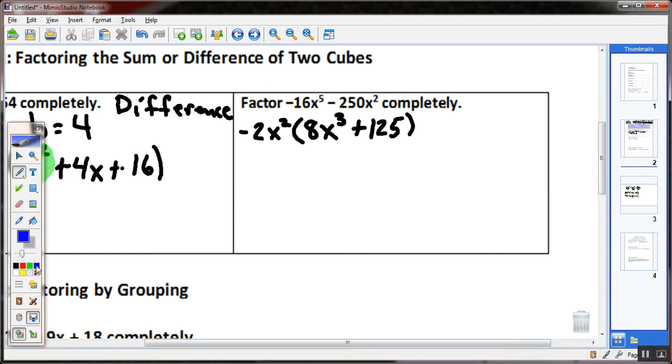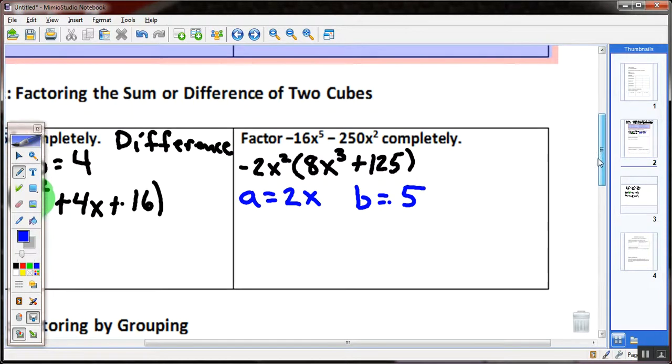What would I let a equal? What's the cube root of 8, kids? 2. And the cube root of x cubed would be just x, so 2x, right? And then what's the b value going to be in this? 5. Okay. Next question is, do I have a sum or do I have a difference here in parentheses?